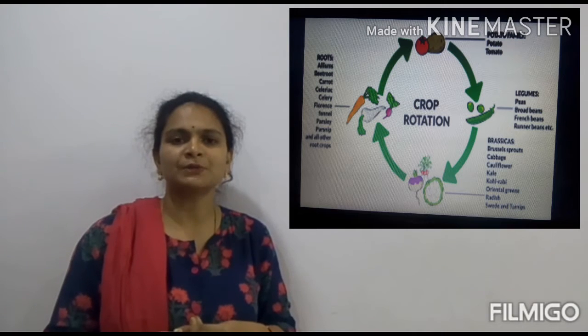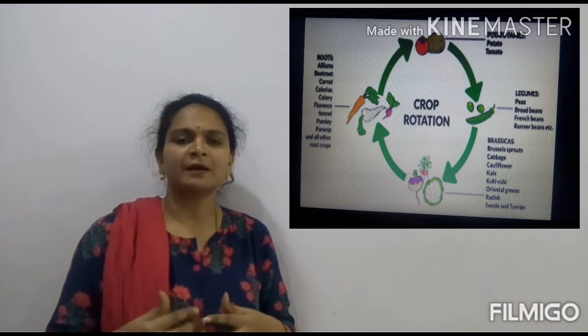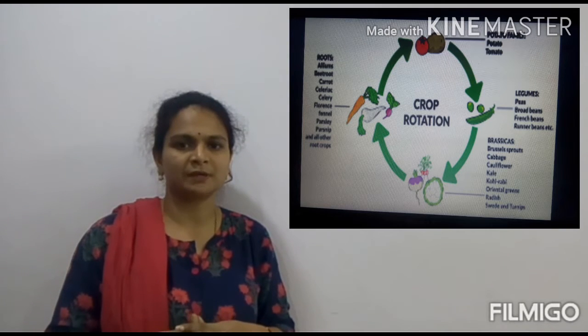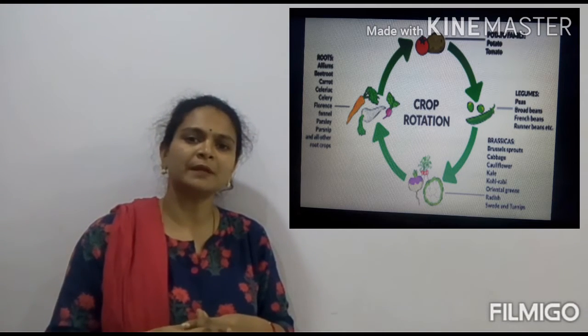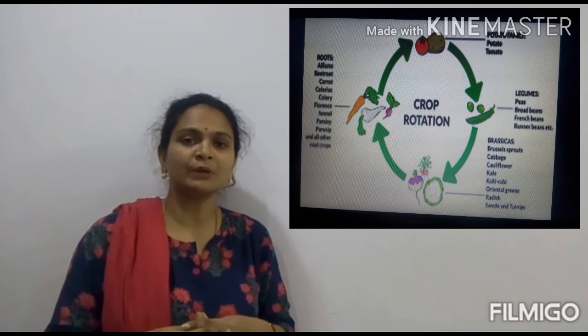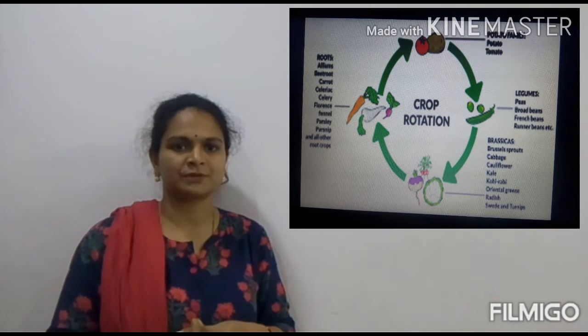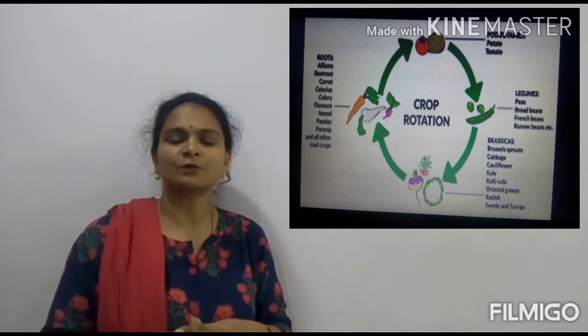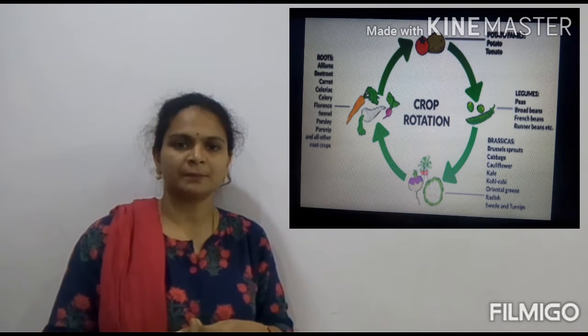So nitrogen is enriched in the particular soil. When we alternate this leguminous crop with the cereal crop, definitely the soil stability will be maintained, and there is no need to supply nitrogen fertilizers in large amounts. So if we follow this crop rotation method, we can increase soil fertility.